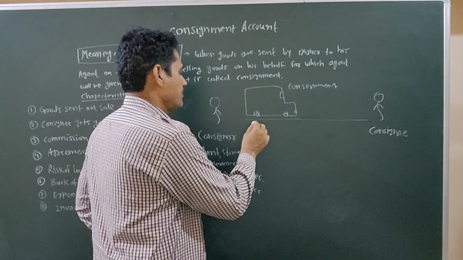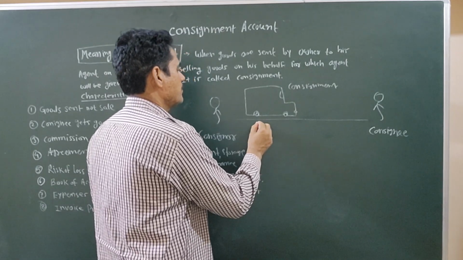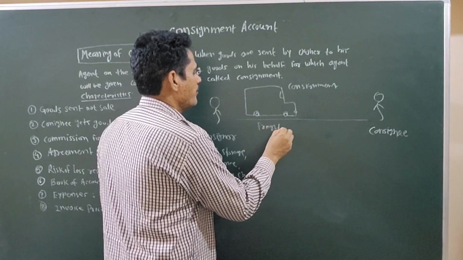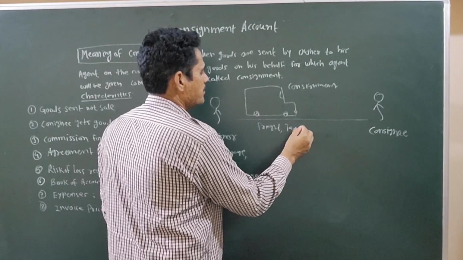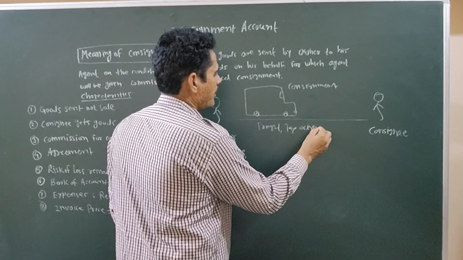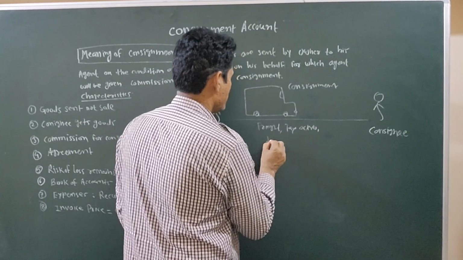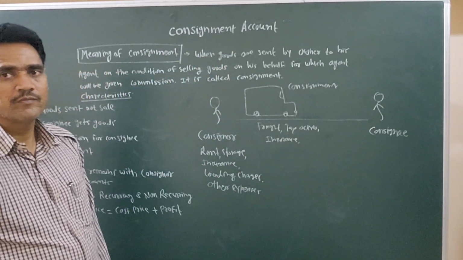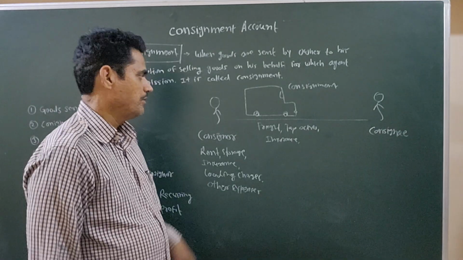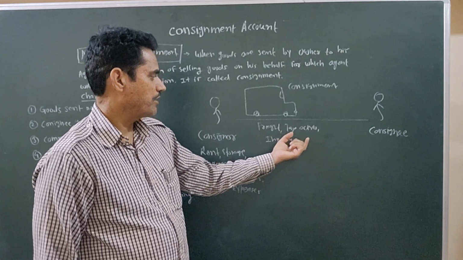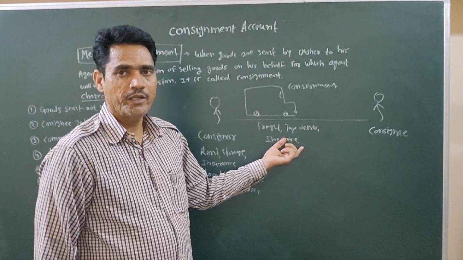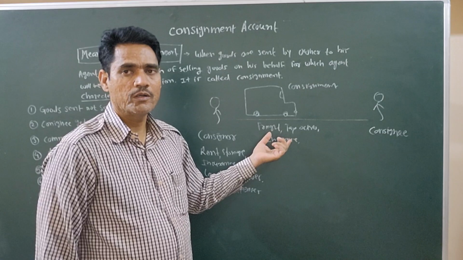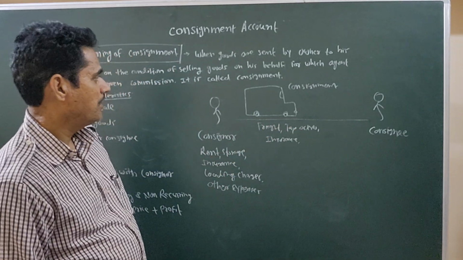Example: freight, tax, insurance. These expenses, which occur on the road in transit, are called non-recurring expenses.